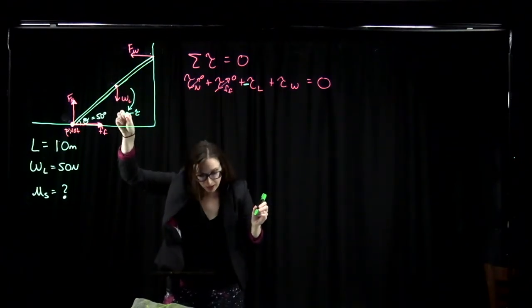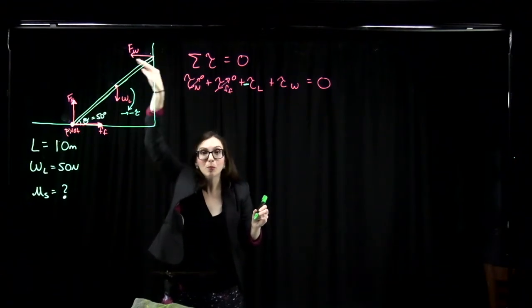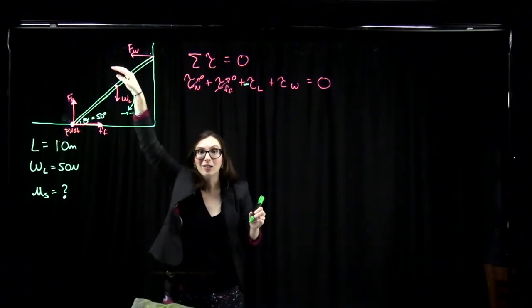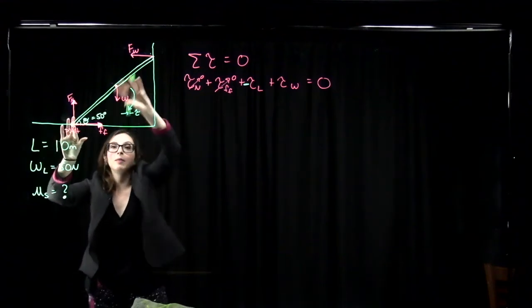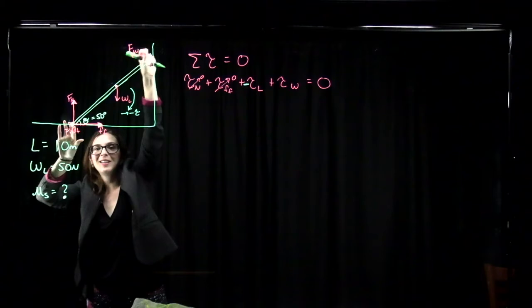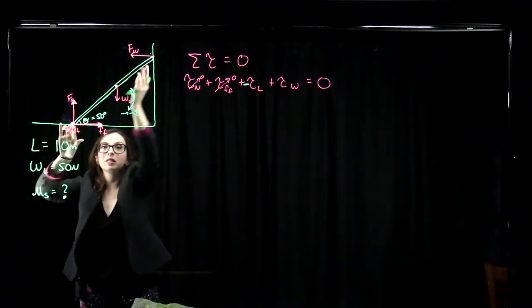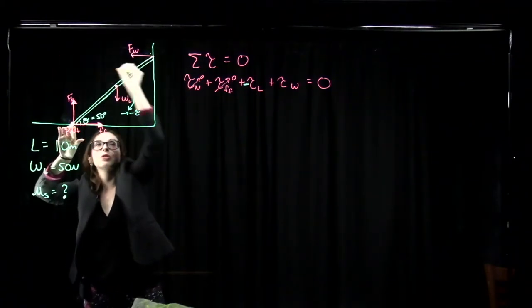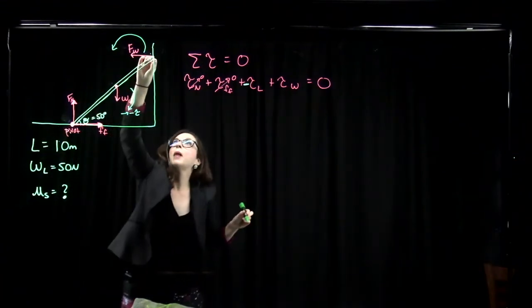Okay, and then when I think about the torque that's coming from the force pushing on the ladder at the top here, if all I have is the pivot point right here, don't think about the weight of the ladder, and I try to tug on this ladder up here along the direction of this force, that's going to cause the ladder to rotate this direction. Imagine pulling it.